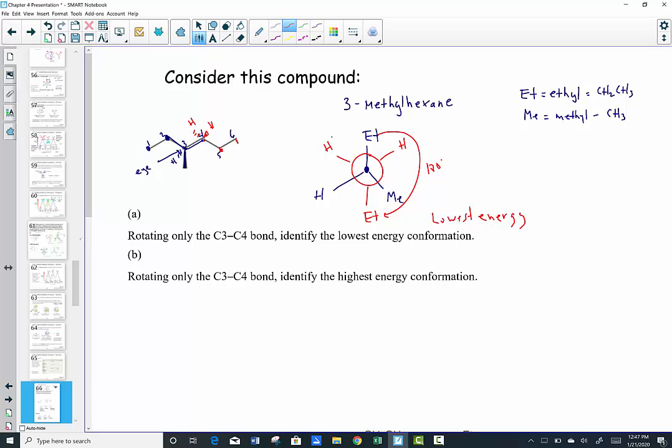If I wanted the highest interaction, let's keep the front, let's go back to blue. We'll keep the front carbon still, and I will spin the back carbon. And I'm going to spin it in a way so that the ethyl groups stack. So instead of coming straight down, the ethyl group is going to be directly behind the ET group of the front carbon.